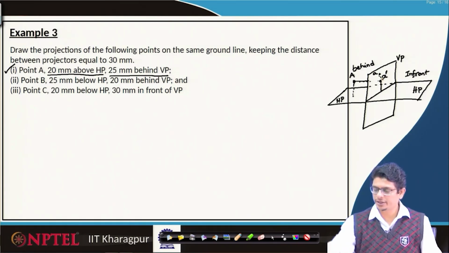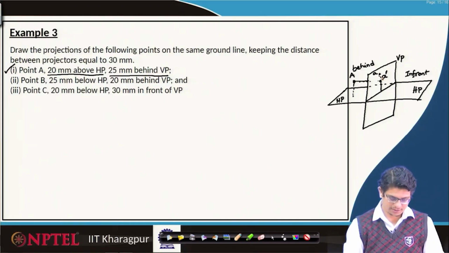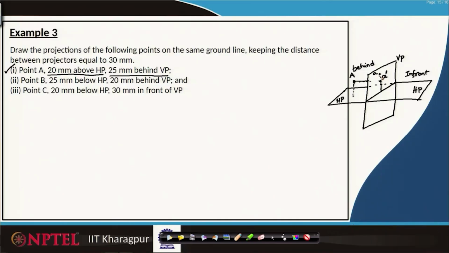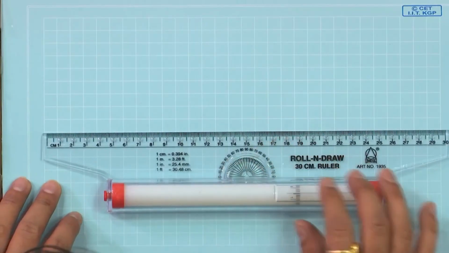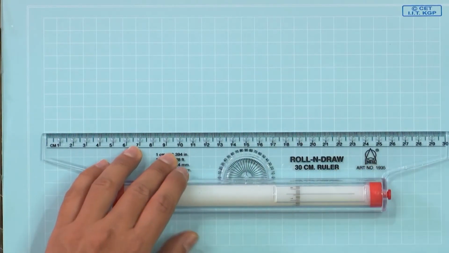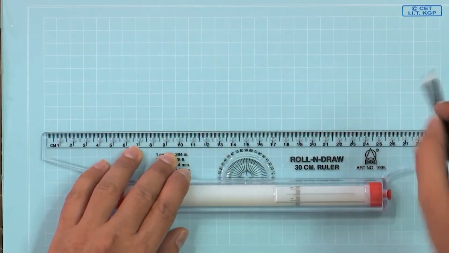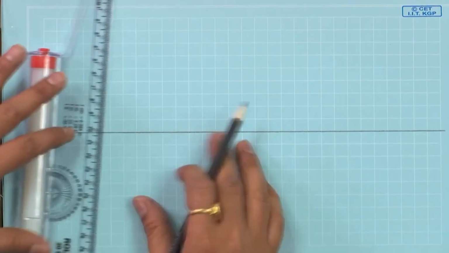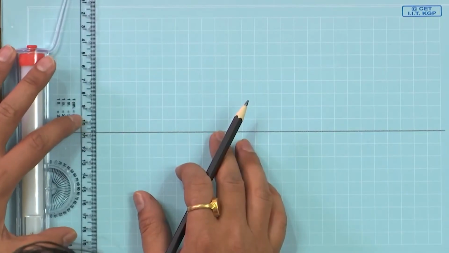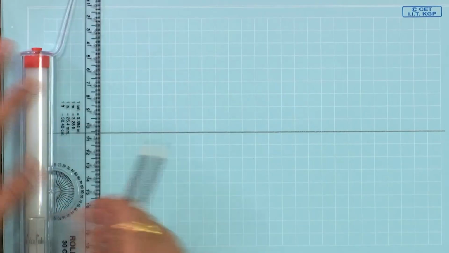So, let us draw it on the sheet. Maybe let us draw the vertical plane in that way.